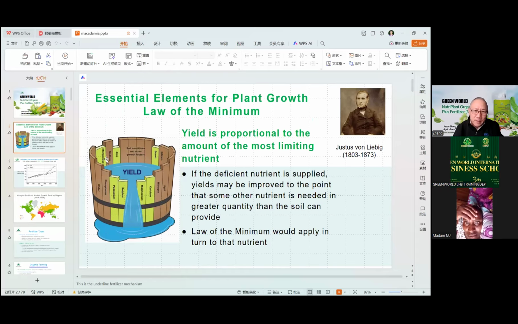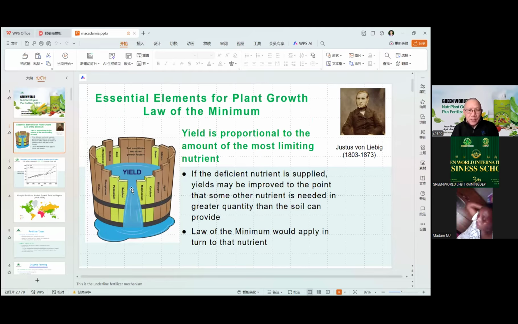If you see this bucket, it's called bucket theory. You have all kinds of nutrients, and if the lowest one is too low, the plants will not get enough to complete their physiological or biochemical reactions, so they will not get a yield.